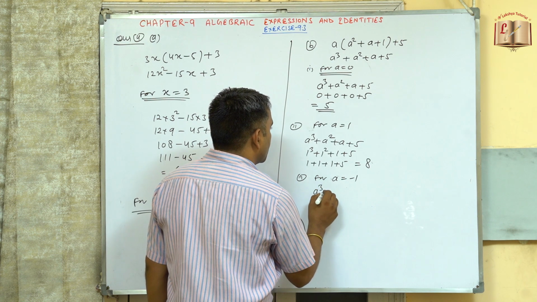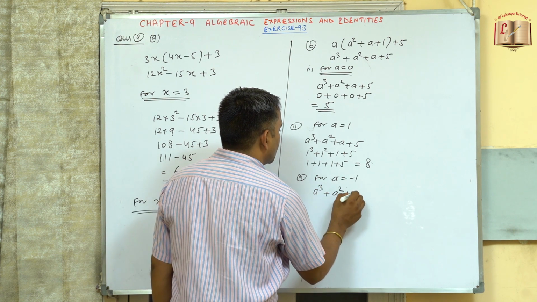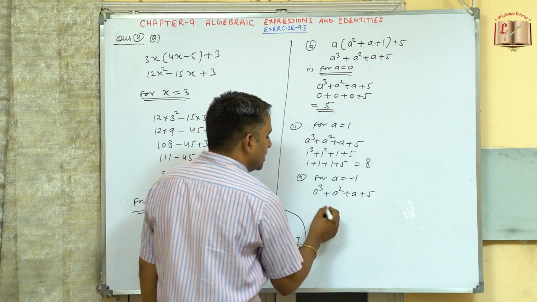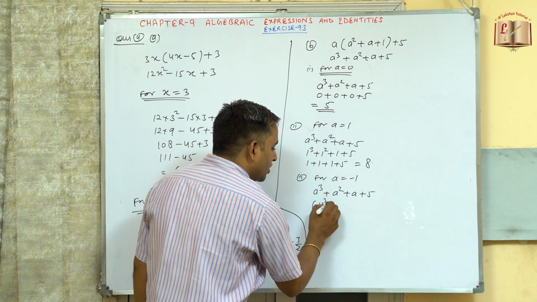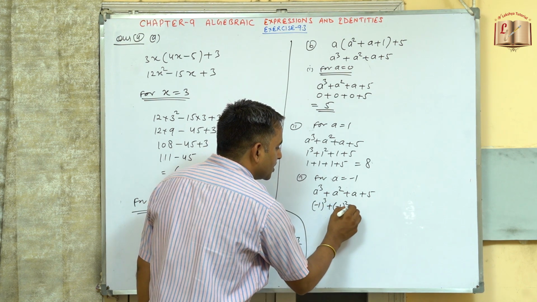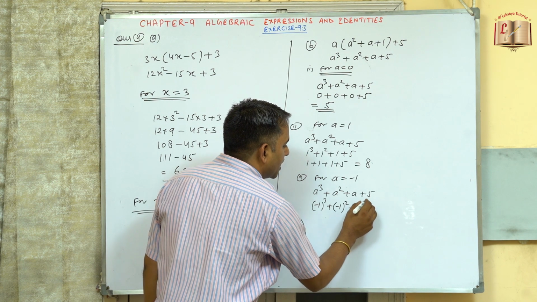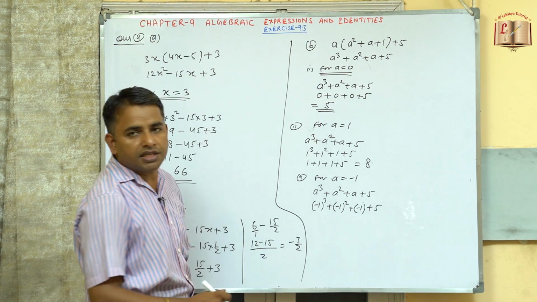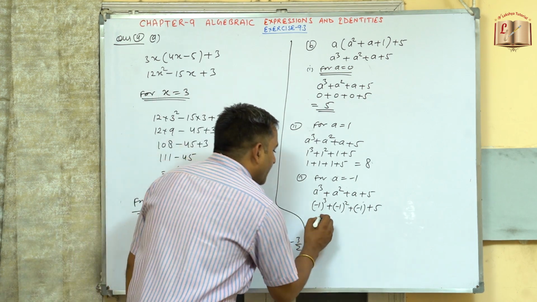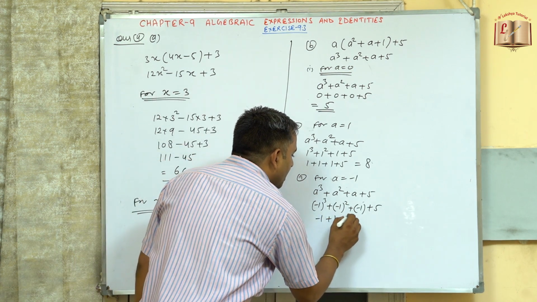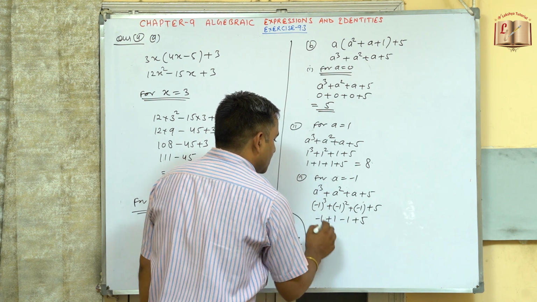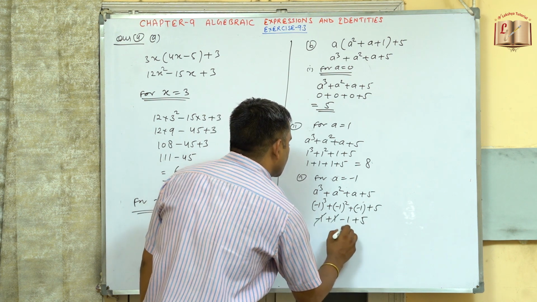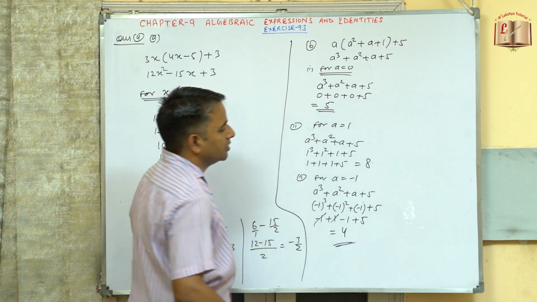So this is a cube plus a square plus a plus 5. Now this will be minus 1 cube plus minus 1 whole square plus minus 1 and plus 5. So what we did now is put minus 1 in place of a. So this is minus 1 plus 1 minus 1 plus 5. So minus 1 plus 1 cancelled. So this is now 4.